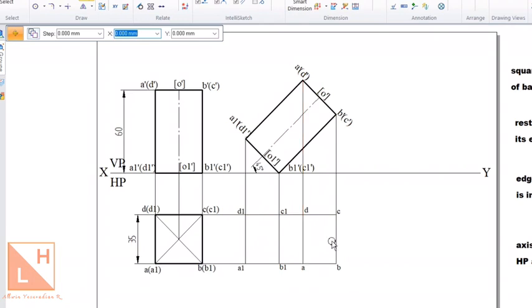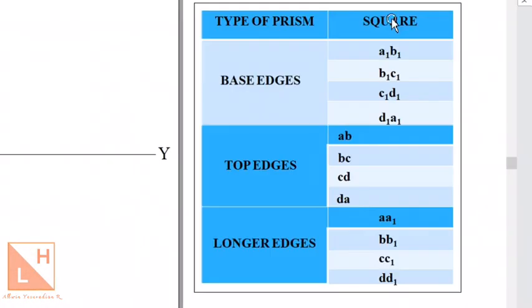So before we start to identify hidden and visible edges, let us first go back to that table which consists of the base edges, longer edges, and the visible edges. Now here we have the table of the edges a square prism consists of, which we discussed even in the previous video. This table was taken from that only.